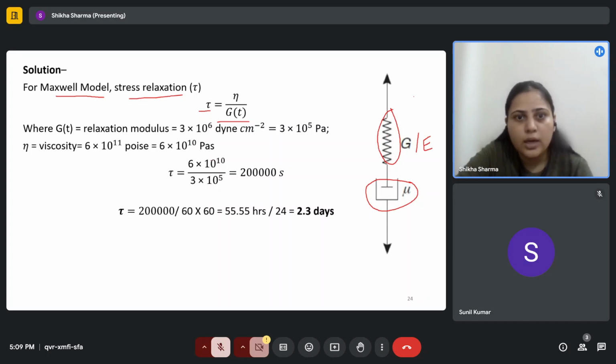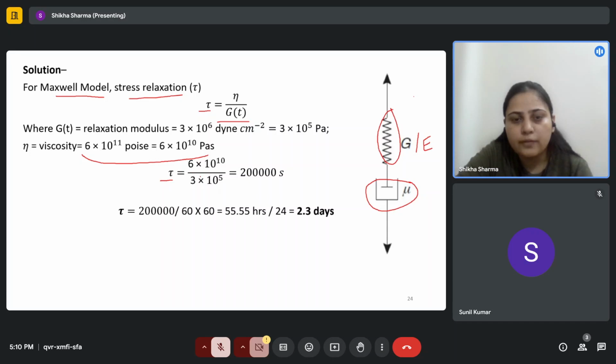So as per the equation, the stress relaxation time tau is equal to the viscosity divided by the modulus. The viscosity is 6 into 10 to the power 11 poise, or 6 into 10 to the power 10 Pascal second.